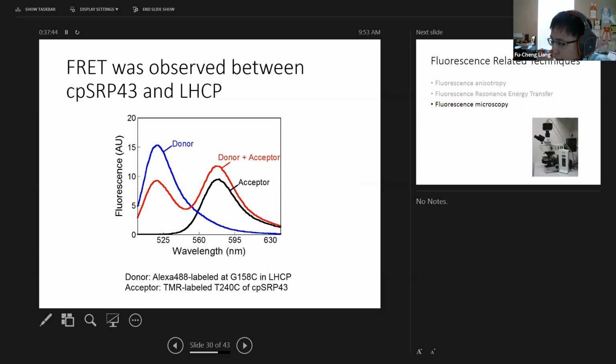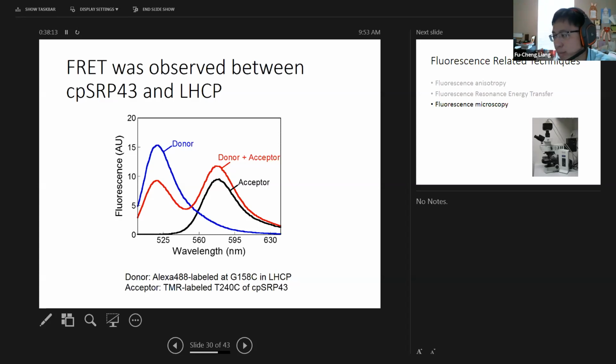So basically, if I have donor only, which is the blue color one, you can see there is a fluorescent signal showing up. This is a fluorescence emission spectrum. And if I have acceptor only, which is the black color one, basically they are highly separate. They are not overlapping each other because this is just the emission spectrum. But of course, your donor emission is going to overlap with the acceptor excitation wavelength, but their emissions are separate. But if I mix these two proteins together, interestingly, you can see that the donor signal has decreased while the acceptor signal has increased, all right?